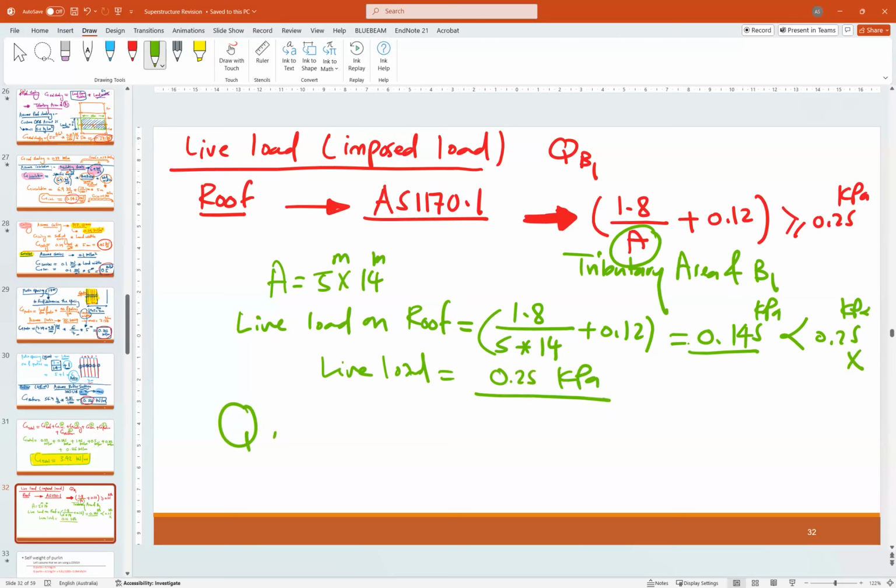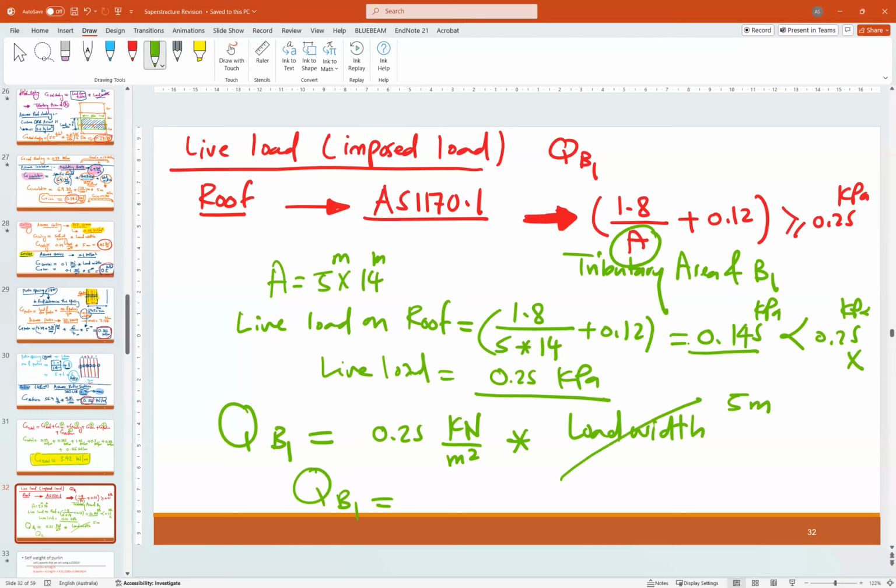This is not the live load on B1. So Q B1 will be equal to 0.25 kPa, or kilonewton per square meter, times the load width. The load width for this rafter is 5 meter. So Q B1 equals 0.25 kilonewton per square meter times 5 meter, equal to 1.25 kilonewton per meter.